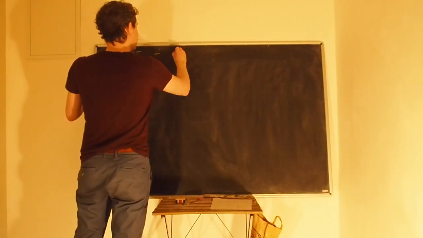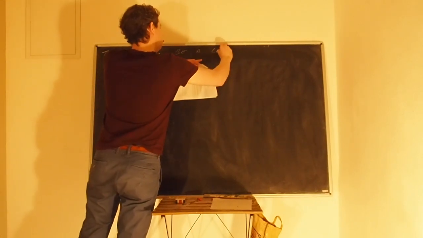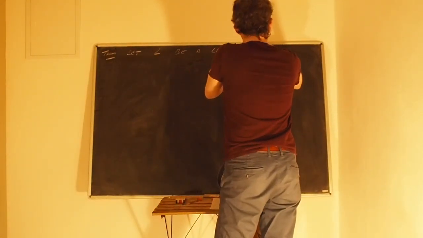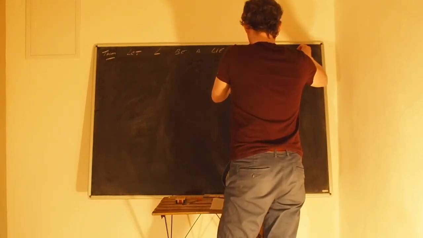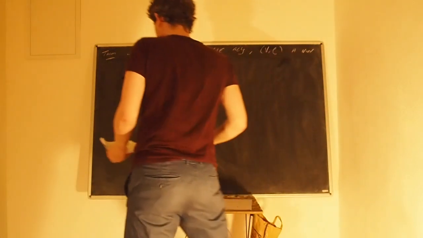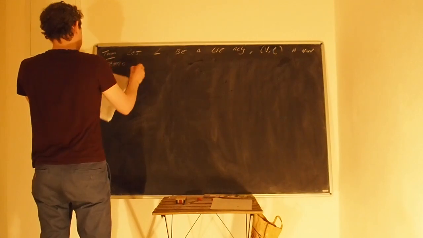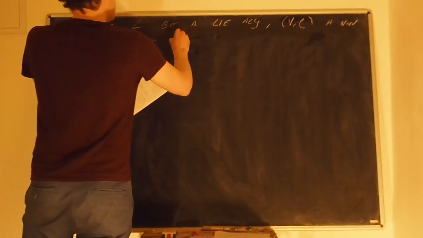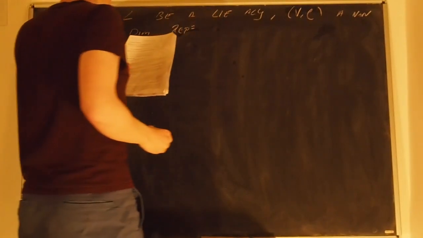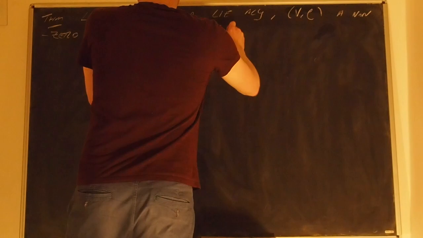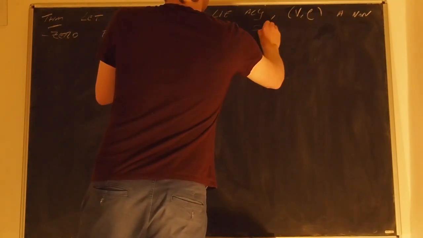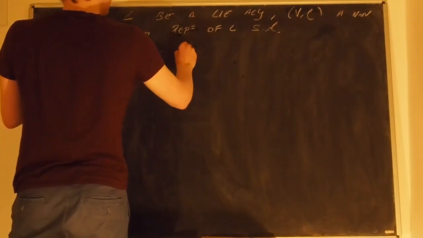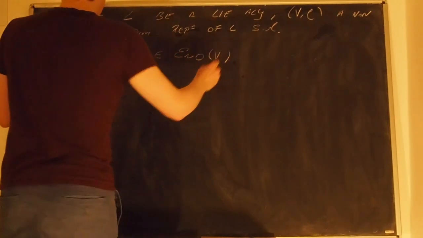We want to let L be the algebra. And we had V, rho, a non-zero finite dimensional representation of L such that rho x, which lives of course inside the linear endomorphisms of V, is nilpotent.